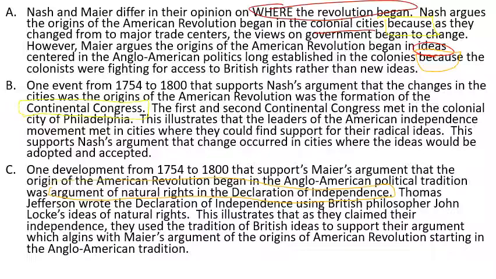"Thomas Jefferson wrote the Declaration of Independence using British philosopher John Locke's ideas of natural rights. This illustrates that as they claimed their independence, they used the tradition of British ideas to support their argument, which aligns with Mayer's argument of the origins of American Revolution starting in the Anglo-American tradition."